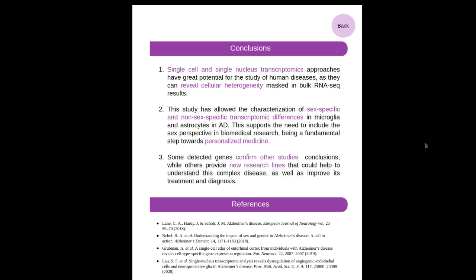Finally, the conclusion. First, single-cell and single-nucleus transcriptomic approaches have great potential for the study of human diseases, as they can reveal cellular heterogeneity masked in bulk RNA-seq results. Then, this study has allowed the characterization of sex-specific and non-sex-specific transcriptomic differences in microglia and astrocytes in Alzheimer's disease.